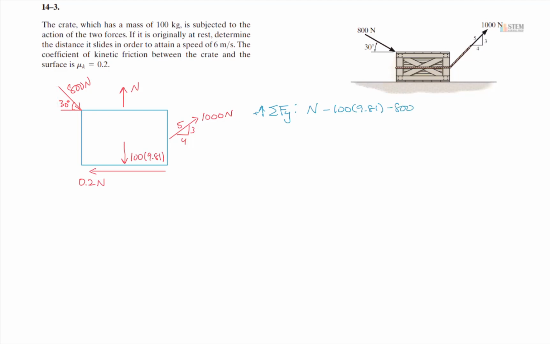And then this one over here, that's going to be a positive y component. So we're going to put plus 1,000, and then we've got that 3, 4, 5 triangle. So to get the component, we're going to multiply that by 3/5. We're going to set it to 0 because there is no motion in that y direction. Now, if we go through and solve, we're going to get 781 newtons. So that's our normal force, and we'll be able to use that right here when we do our friction.